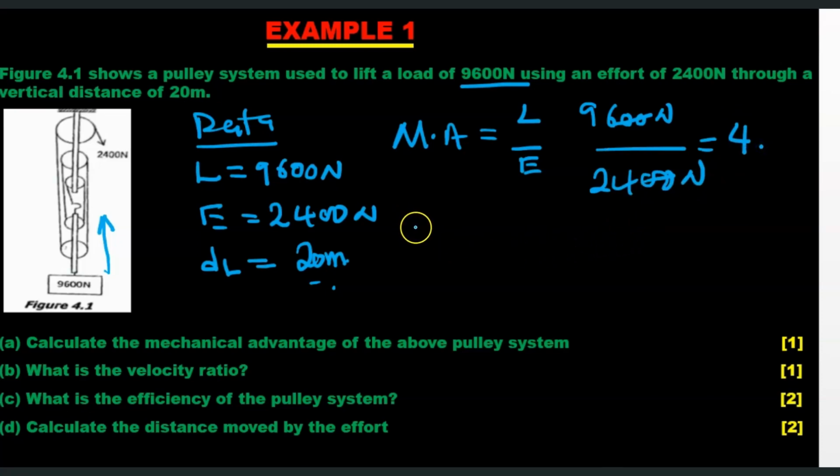Then what is the second question? What is the velocity ratio? On the pulley system, also take note of this point. On the pulley system, the velocity ratio is just the number of wheels or the number of strings. If we count the number of wheels, how many are there? 1, 2, 3, 4, 5.